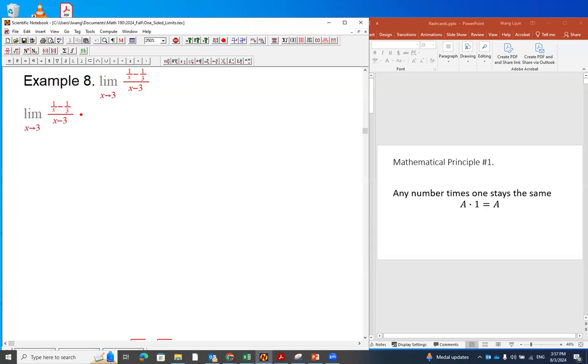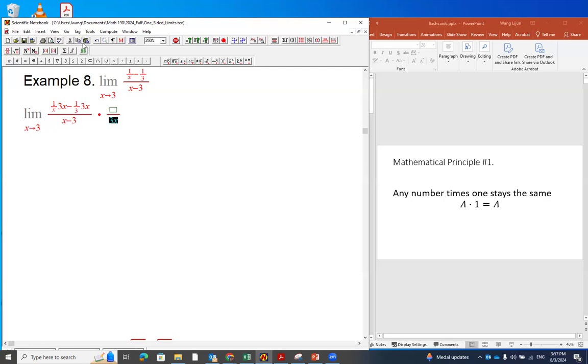Algebra skill. Okay, so we're going to multiply by the common denominator. So this is one fraction, another fraction, and you can see the common denominator is 3 times x. So we're going to use 3 times x over 3 times x as 1. Anything times 1 stays the same. So we apply this mathematical principle. And then we take 3x to multiply each one.